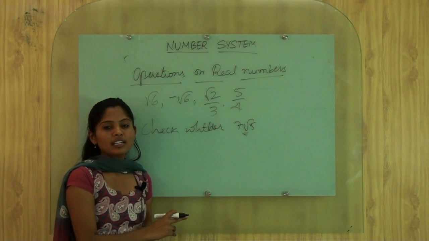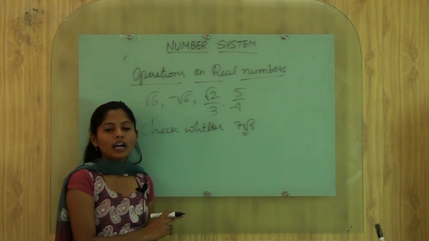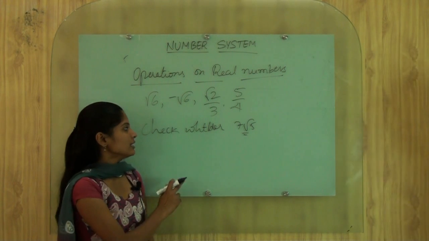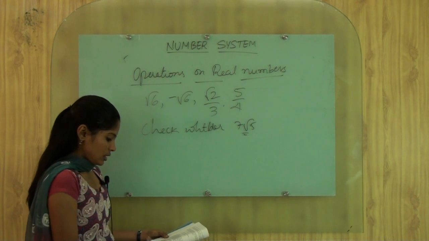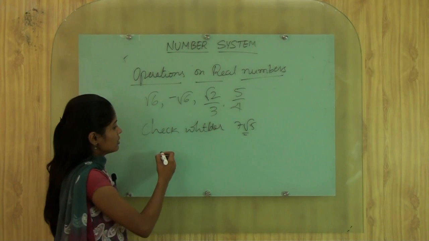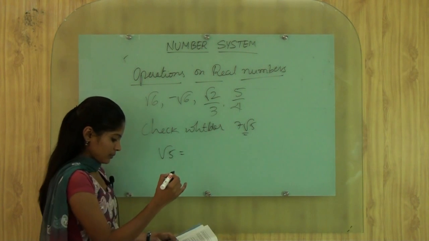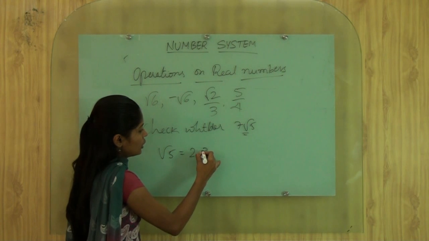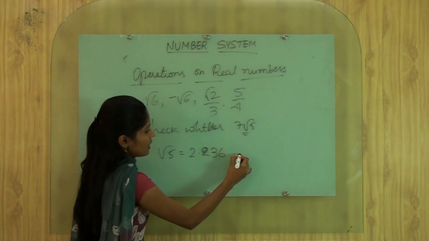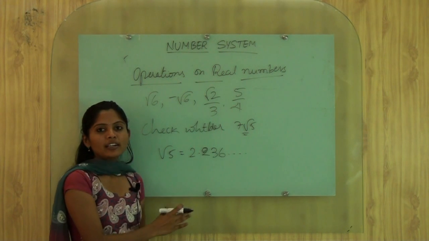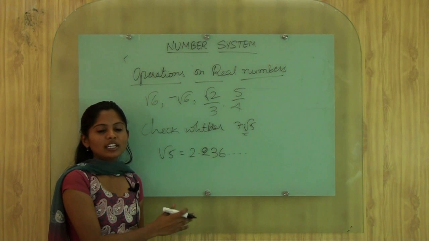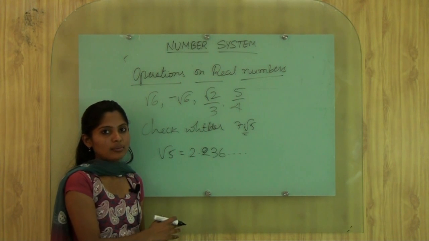If that number is non-recurring and non-terminating, then that number is an irrational number. You have to simplify it. Root 5 value is 2.236 and so on. Then you will get a value, and from that you can conclude whether it is a rational or irrational number.